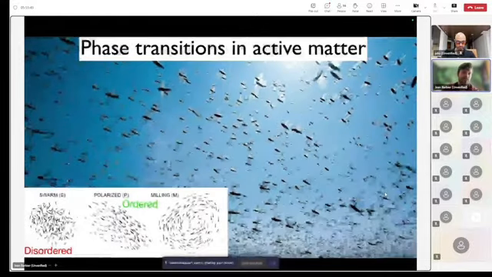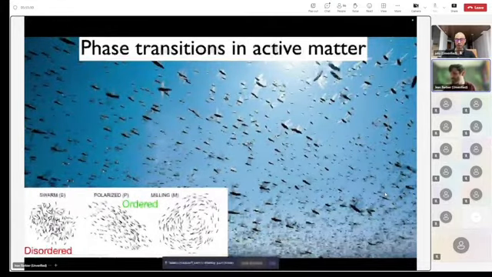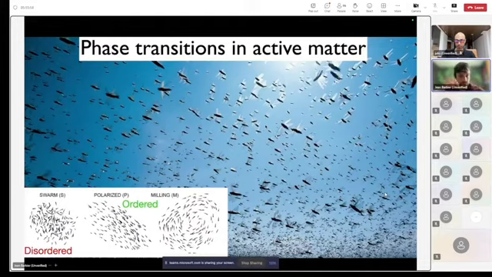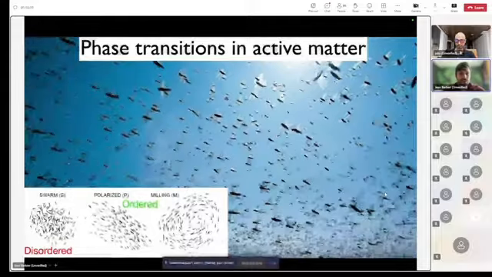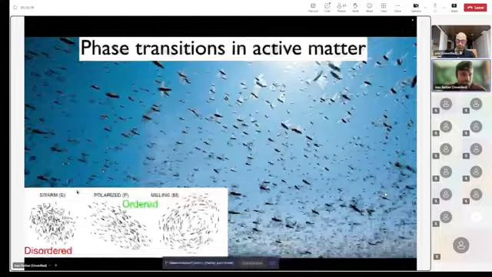So this is a subfield of what we call active matter, in the sense that now every individual particle can take kind of informed decisions based on observing its neighbors. So these insects are kind of observing locally what is going on, and they're adapting their behavior according to their neighborhood.